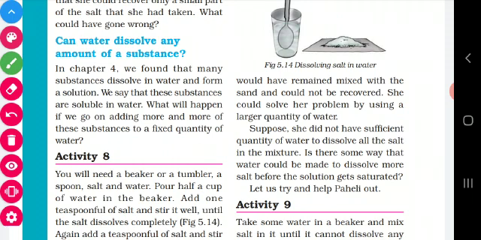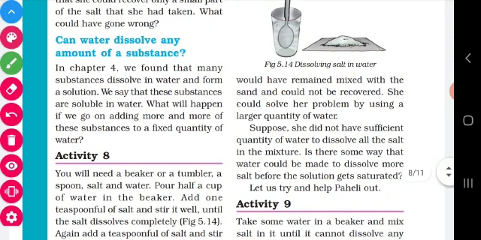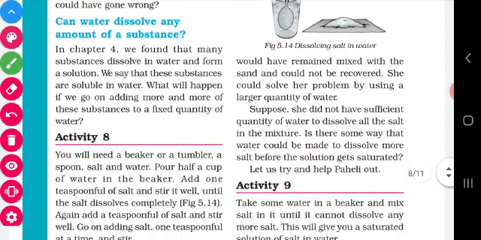For example, in a sugar solution, the sugar is the solute and water is the solvent. So water has the capacity to dissolve almost all the substances. 95% of substances are soluble in water, so it is called a universal solvent.